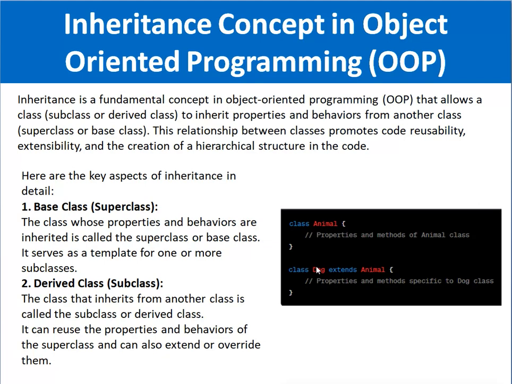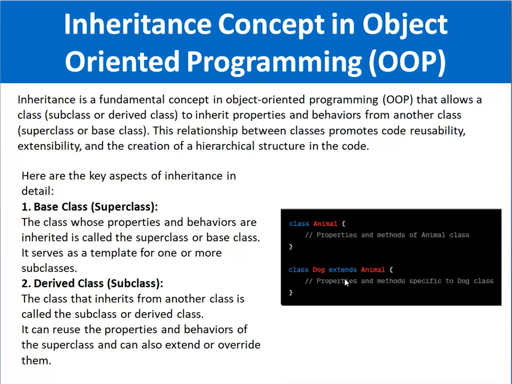Then the derived class. The derived class inherits from the Animal class; Animal is the base class and this one is the derived class or subclass. It can reuse the properties and behavior of the base class, and can also extend or override them.